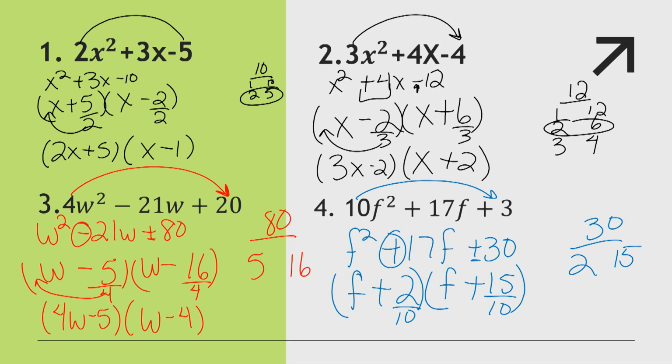Well, Ms. Killen, I don't know how to reduce a fraction. Put 2 over 15 in your calculator. Go to math and to fraction, and it reduces. So I have f plus 1/5. And same way, 15 over 10, math fraction will give you 3 over 2.